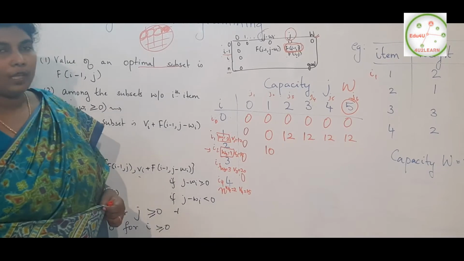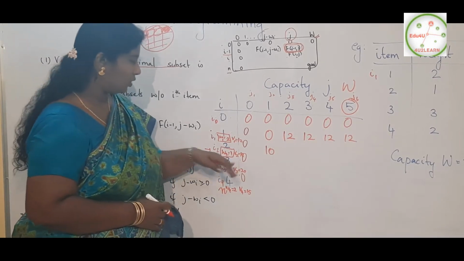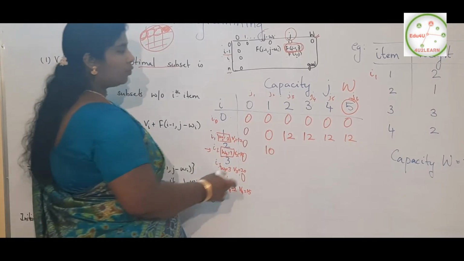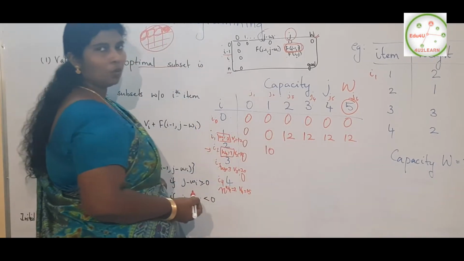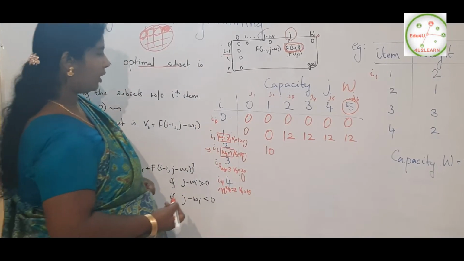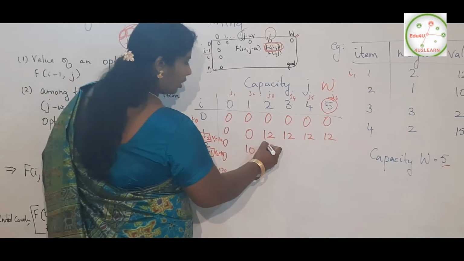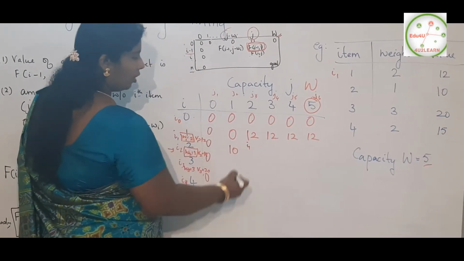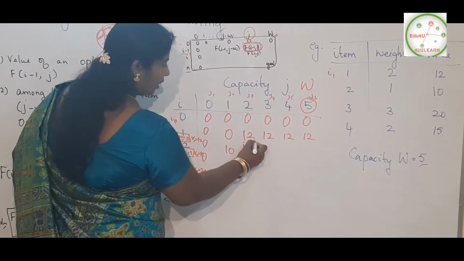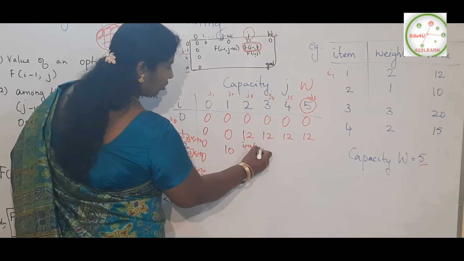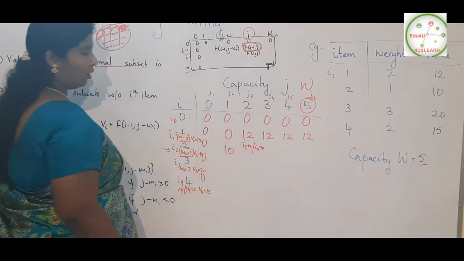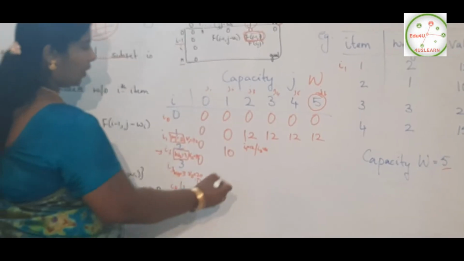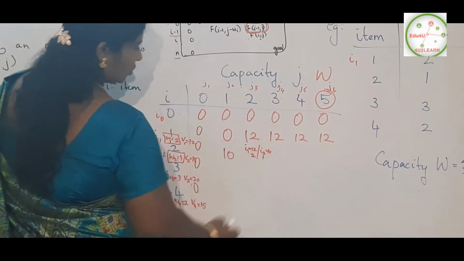Okay. So now we have 10 as the value which is being given. So when it comes to weight 2, it is now a conflicting factor that already item number 1 is there with this 12, and now you have item number 2 which is there as 10. Okay, the weight for this is 2 and here it is 1.